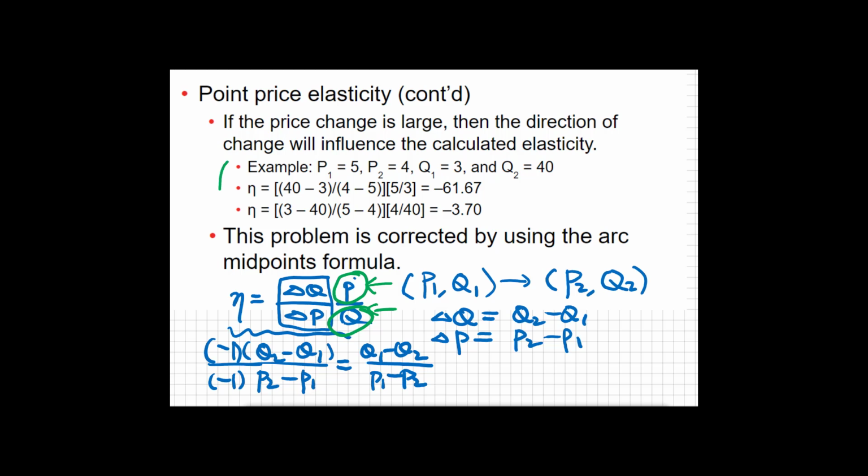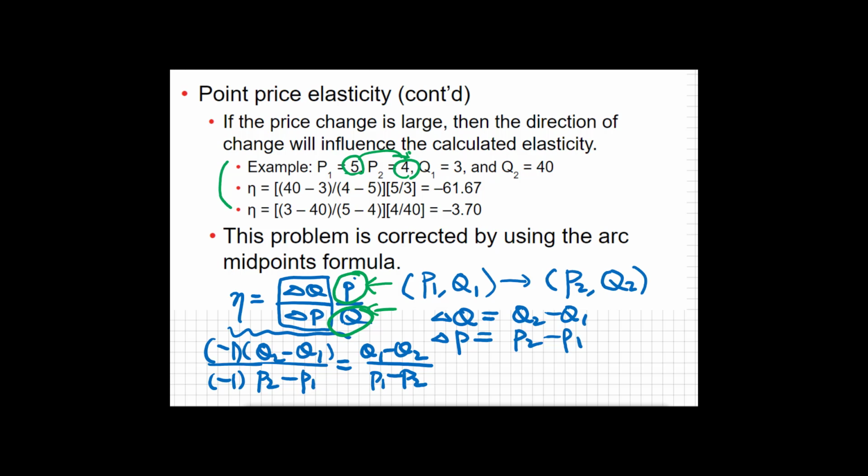But as you see in the example given in this current slide, when the price change is big, like from 5 to 4, a change of 1 out of 5 or 1 out of 4 is relatively big. So when price changes a lot, then quantity demanded will likely change too.